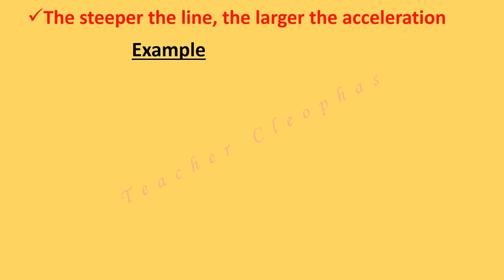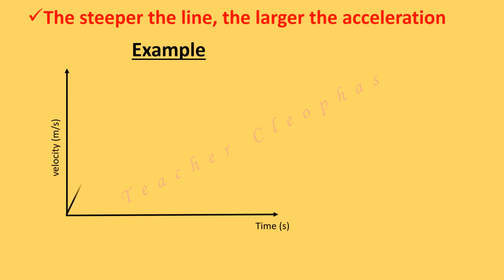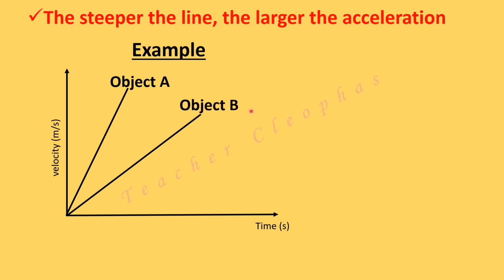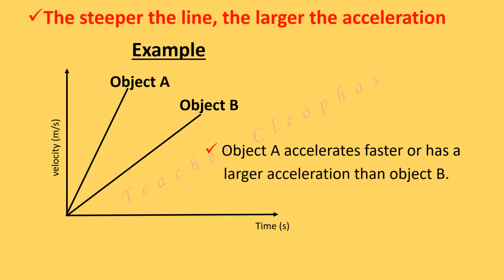For example, having this graph showing object A, and the second graph showing object B, we can clearly see that object A accelerates faster than object B, or object A has a larger acceleration than object B.